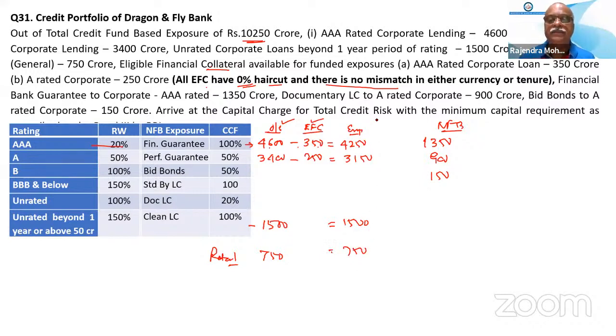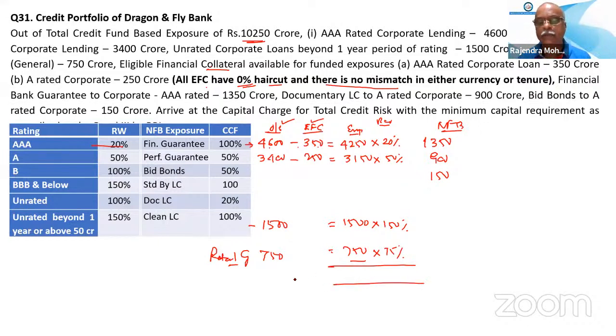Now, what will be the risk weight? For AAA, risk weight is 20%. A is given 50%. This is given as 150%. And retail, how much will be taken? For retail general, can you tell me how much is the risk weight? 75. Okay. So you calculate what is the RWA for funded. You add all these: 4,250 at 20% plus 3,150 at 50% plus 1,500 at 150% plus 750 at 75%.